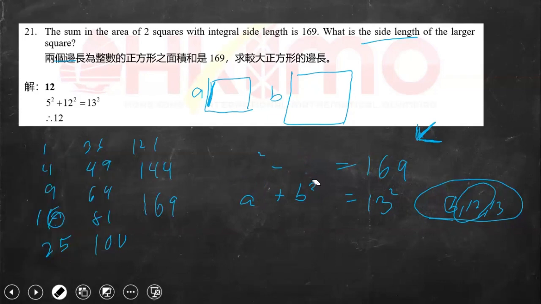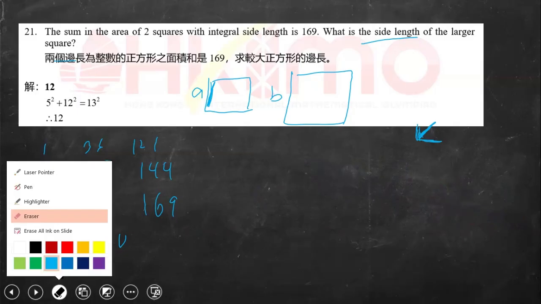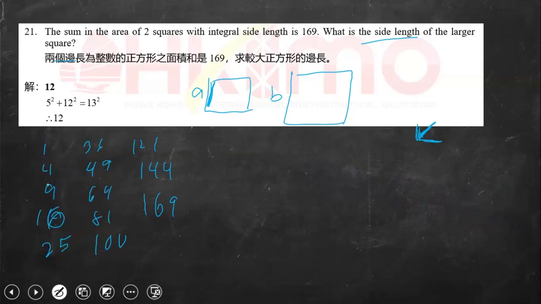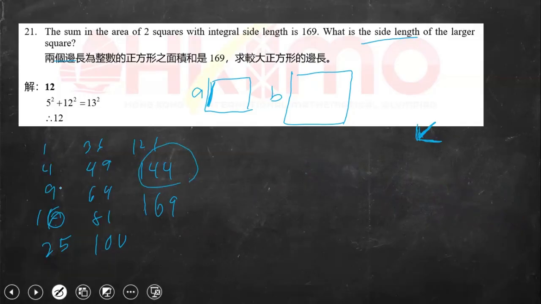From here, we can try adding two pairs. Let's try the biggest one, 144. Let's try subtracting it from 169 to see if the result is a square.